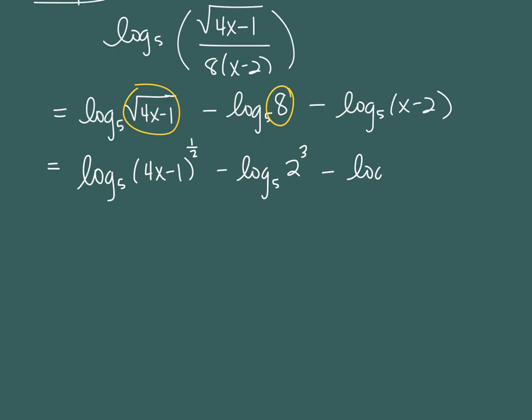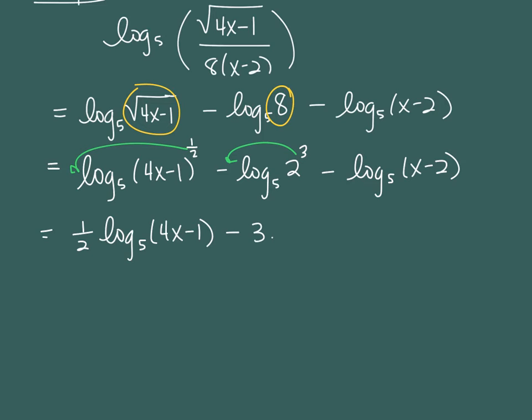And it doesn't really do anything to the x minus 2 because there's no powers there. And then we're going to move both of those powers to the front of their separate logs. So your final answer will have a 1/2 in front of the log base 5 of 4x minus 1. It will have a 3 in front of the log base 5 of 2, and it'll have nothing in front of the log base 5 of x minus 2.